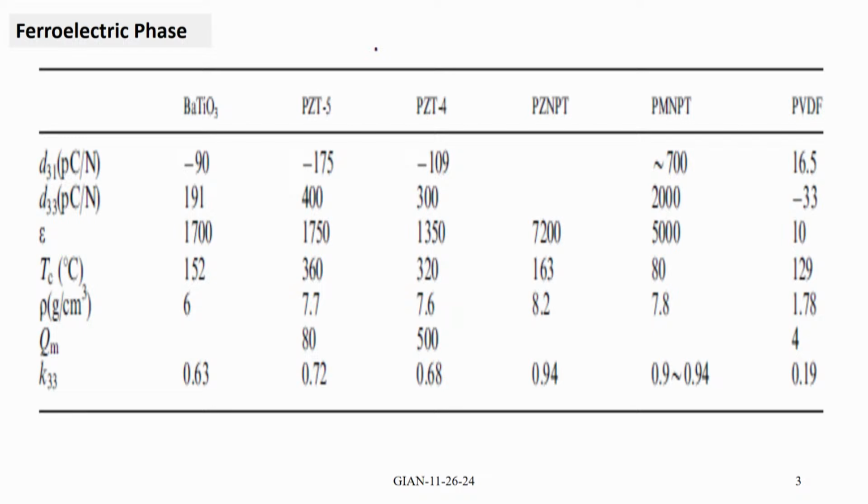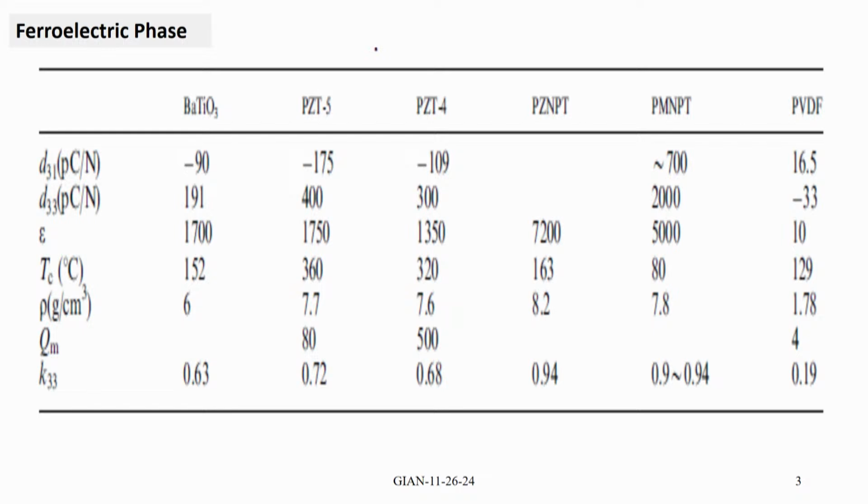It is usually one half of d33 with a negative sign. Other parameters are the dielectric constant, Curie temperature, density, resistivity, and the mechanical resonance coupling coefficient k33. These are related to either longitudinal acoustic resonance or bending resonance.